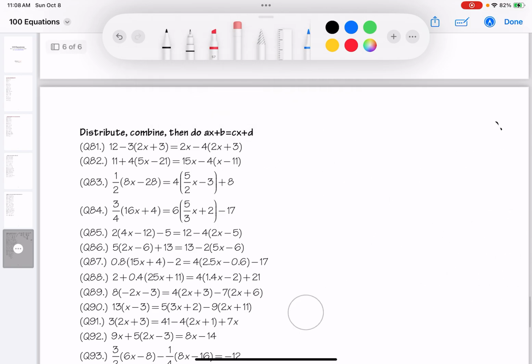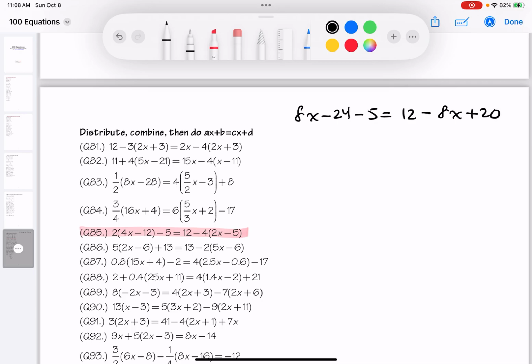We're going to problem 85. Let me highlight it for you. Doesn't look bad to do. Let's write this down. What do you get? 8x minus 24 minus 5 equals 12 minus 8x plus 20. Let's keep moving.